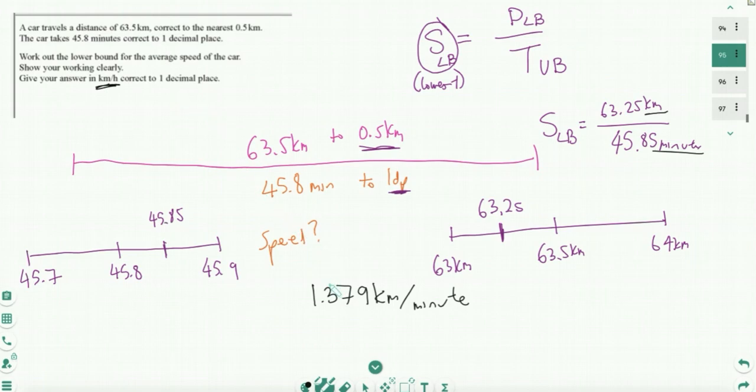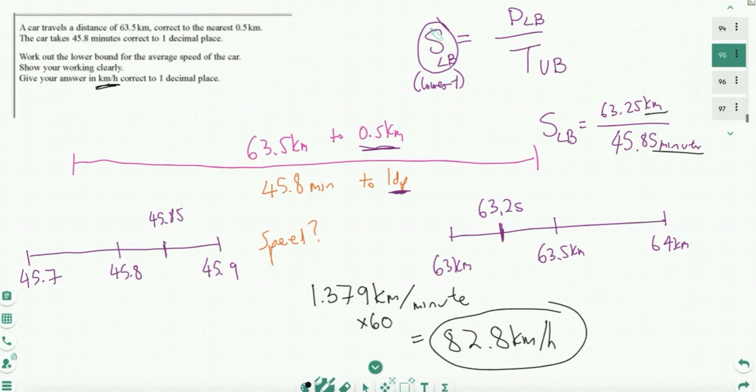So if we travel 1.379 kilometers in 1 minute, per minute means per 1 minute, we have to find out how far we travel per 1 hour, which is 60 minutes. So what we have to do is multiply our answer by 60, because 1 hour is 60 times bigger than 1 minute. So times 60. And it'll give us an answer of 82, correct to one decimal place, 82.8 kilometers per hour.